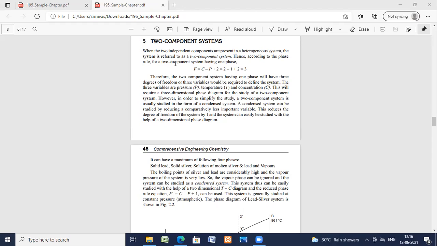Example: a mixture of two or more gases, or a mixture of two or more miscible liquids, is homogeneous, so the phase is one.